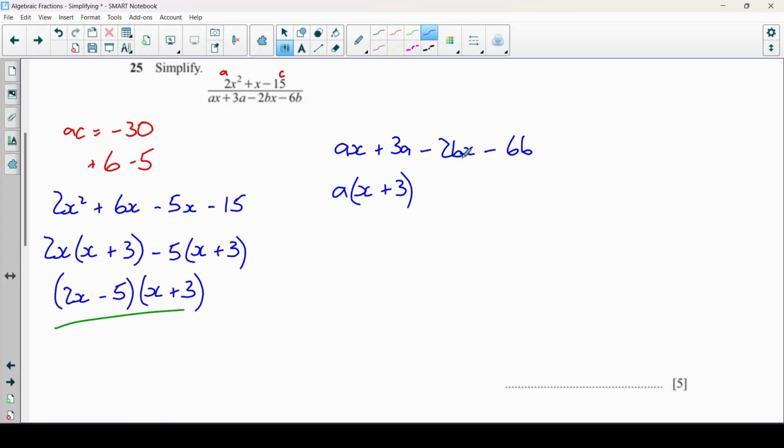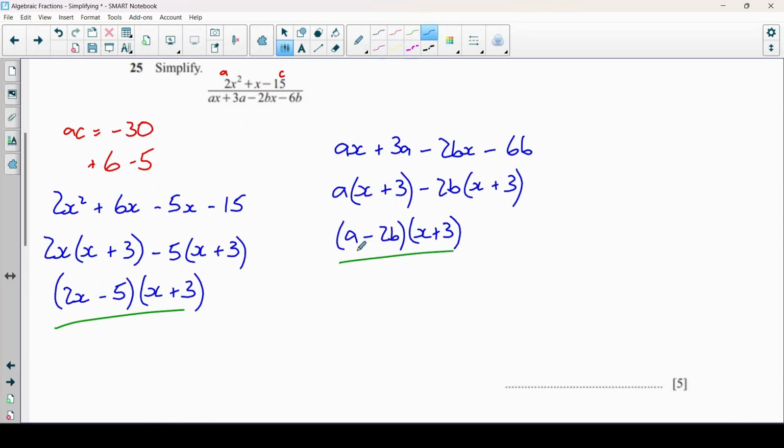Let's see, it looks like I can take minus 2b out of these two, and then we've got x, and then plus 3. Minus 2b times 3 gives me minus 6b. Yeah, and we've ended up with x plus 3 twice, which is perfect. So we get a minus 2b brackets x plus 3.